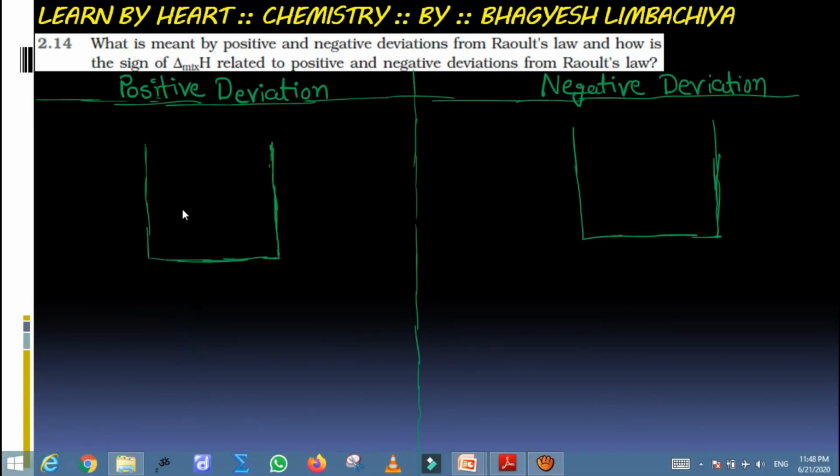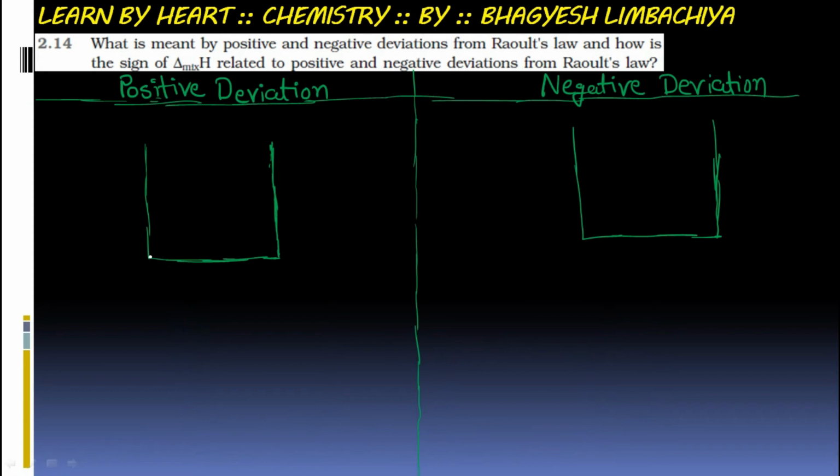According to Raoult's law, in an ideal solution all the lines must be straight in a graph.